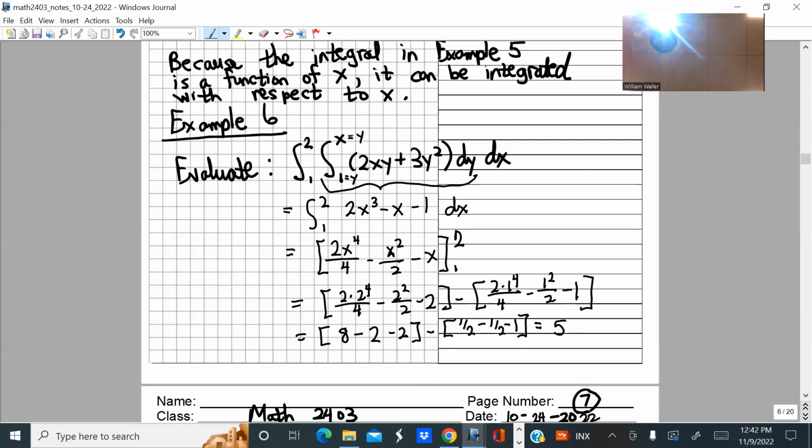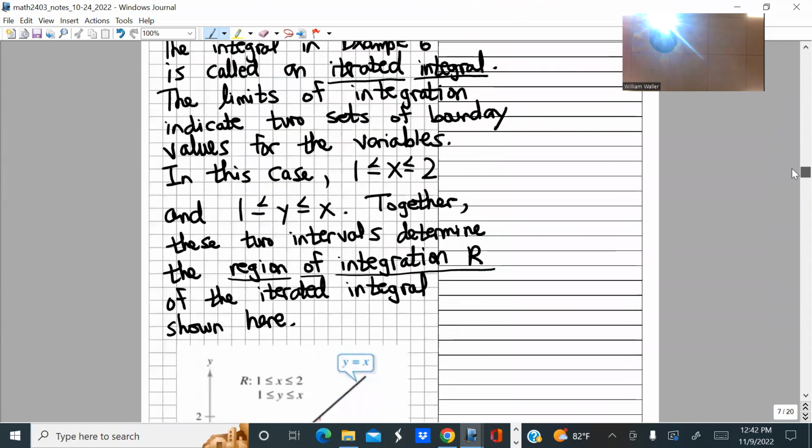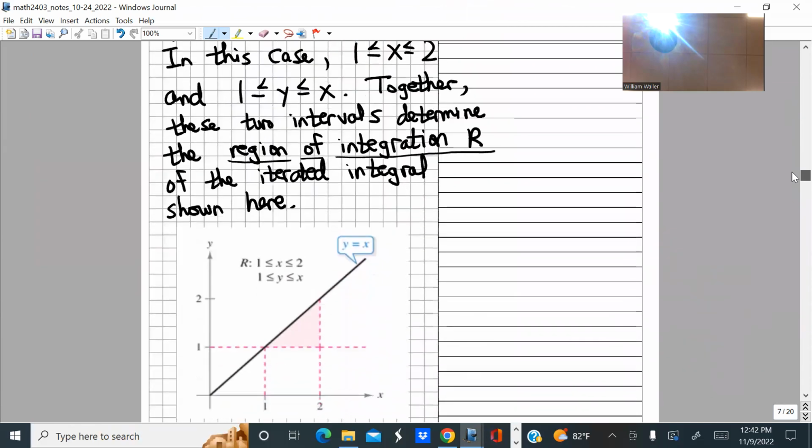So I'm going to plot this equation, y equals x and y equals 1 in the xy plane. Those are easy equations to plot, right? So here is y equals 1. Here is y equals x. And remember, we're thinking of letting the y values range from 1 to x.